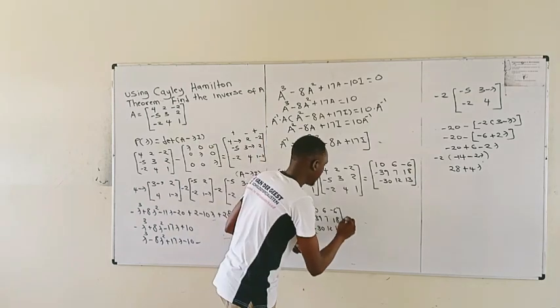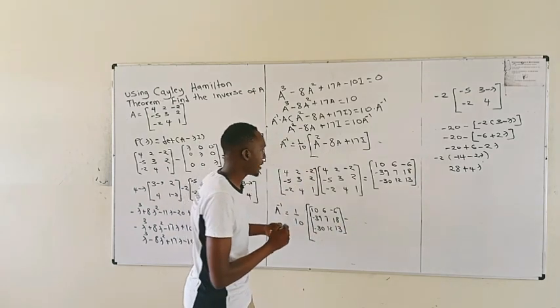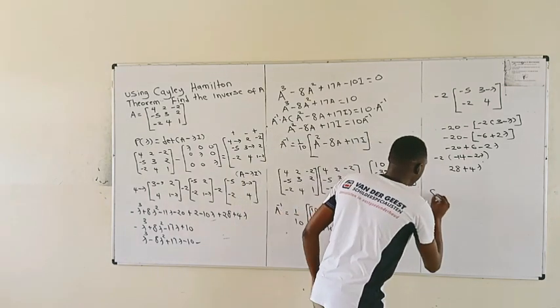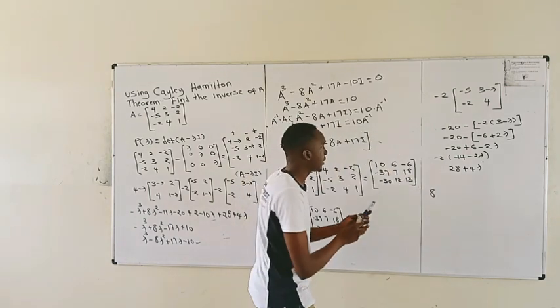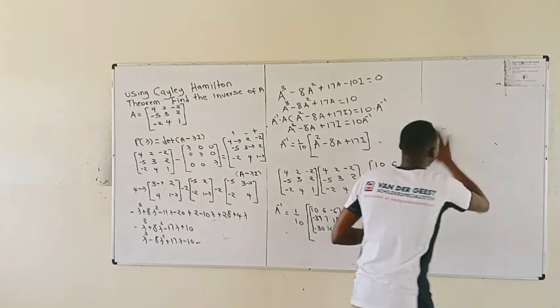minus 8 times A. Let us solve 8 times A. Then we equate it back to our equation.